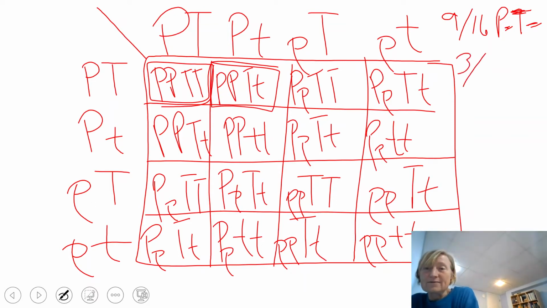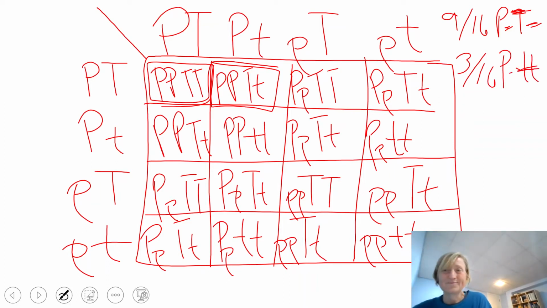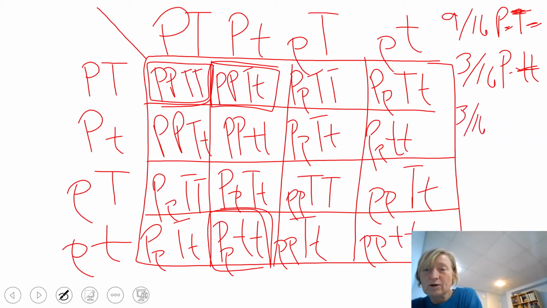3 of these boxes out of 16 will have the dominant allele for purple, but then have 2 recessive alleles for short. 3 of, let me see if I can find one of those. Here's one right here. Okay, there's 3 of those. 3 of the 16 boxes will have the 2 recessive alleles for white, but the dominant allele for tall, and be white and tall.